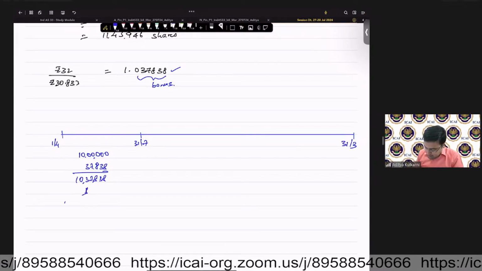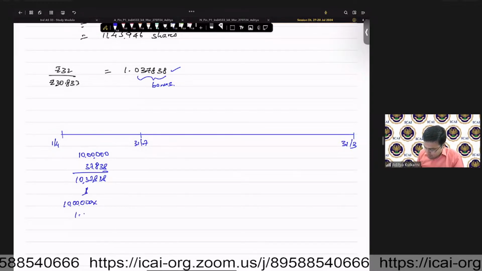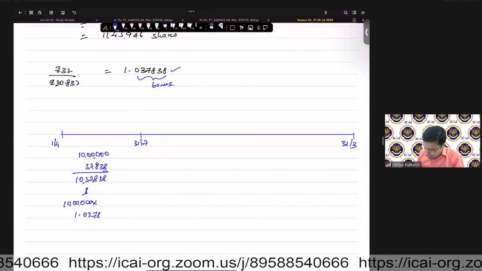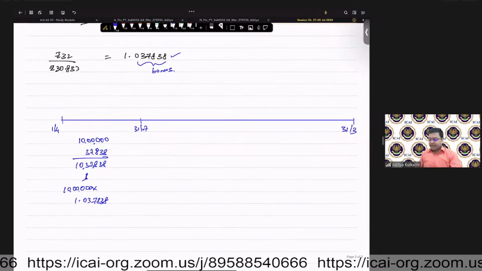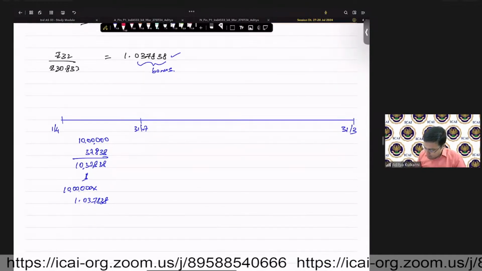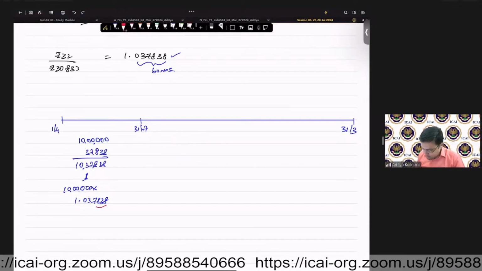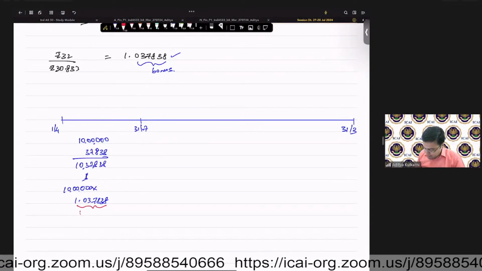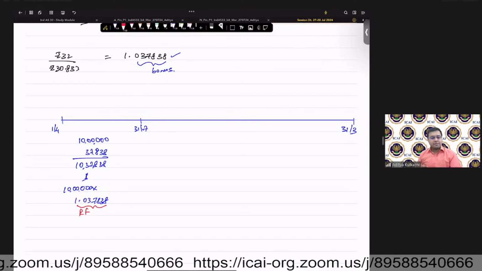So this is nothing but 10 lakh into 1.037838, and this 1.037838 is nothing but my rights factor.